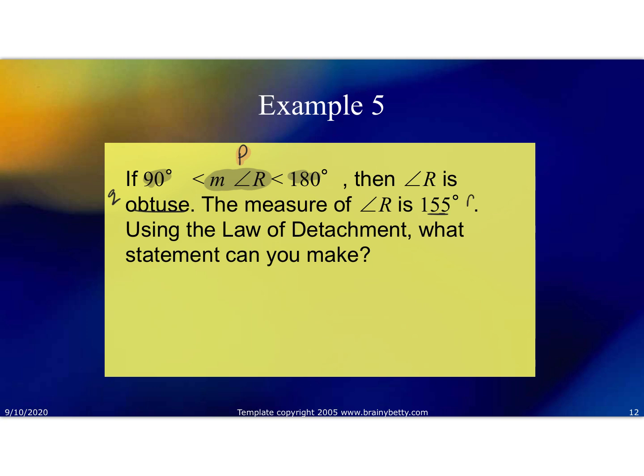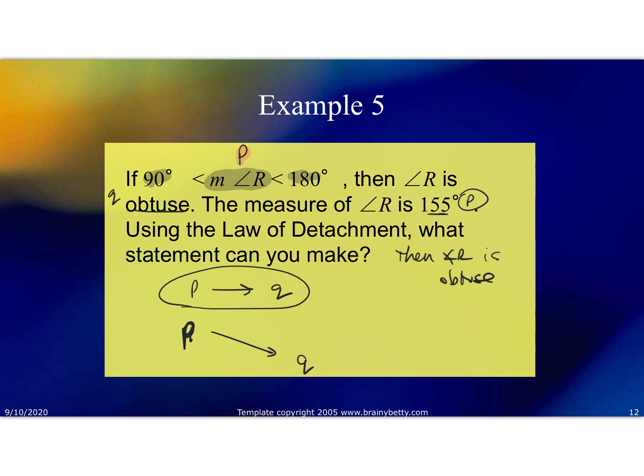So they're giving you P again. They gave you if P, then Q, and then they gave you P. Well, if they give you P, you can conclude Q. So what's my conclusion? Then angle R is obtuse. It was perfect. They gave me the conditional statement, then they gave me P, and using the law of detachment, I can conclude Q, that it is obtuse.